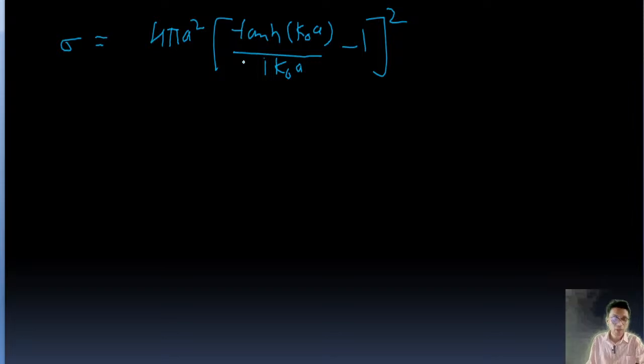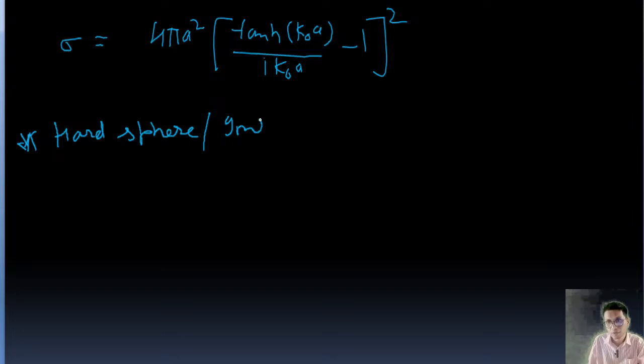Next is the potential for a hard sphere, or impenetrable potential. So this is for the hard sphere, which is impenetrable, which cannot be penetrated.